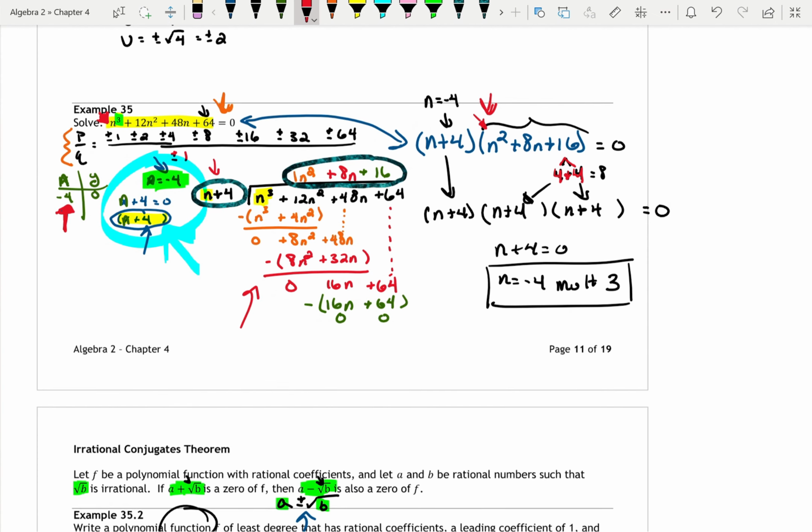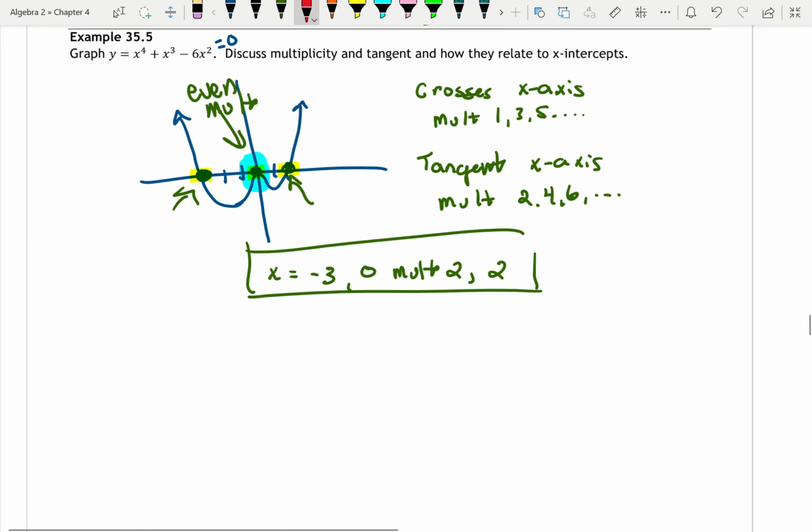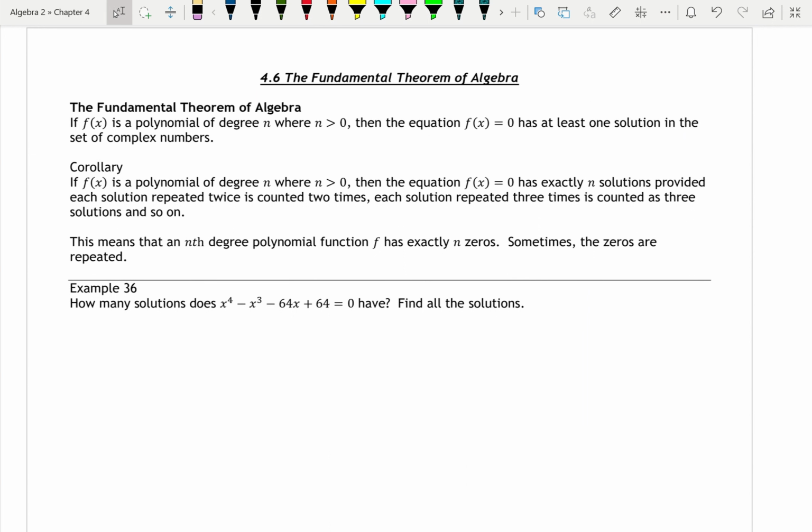And if we remember, back in the very beginning of this problem, we looked at this 3. It was highlighted green there. That green 3 means it's a degree 3 polynomial, which means it has to have 3 roots. Now, in the next section, section 6, the fundamental theorem of algebra, we actually write down that rule, that a function of degree n has to have n roots.